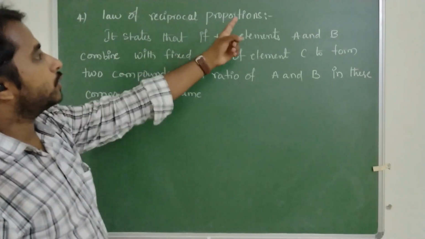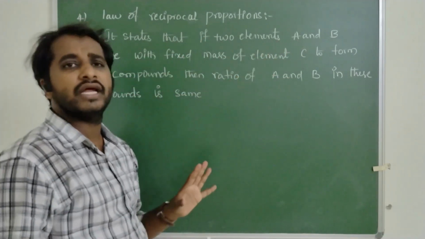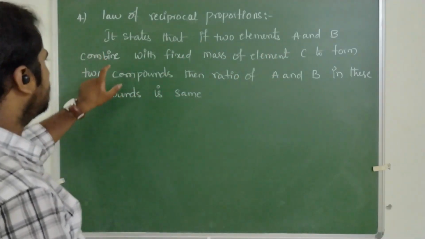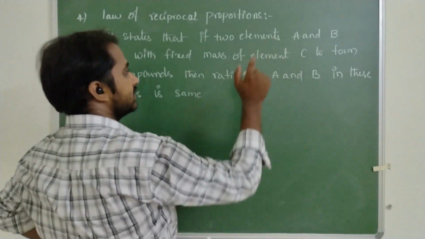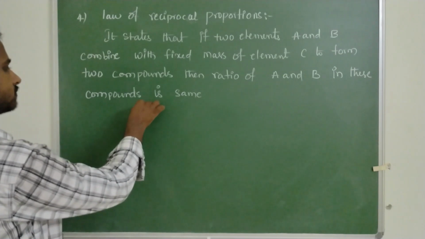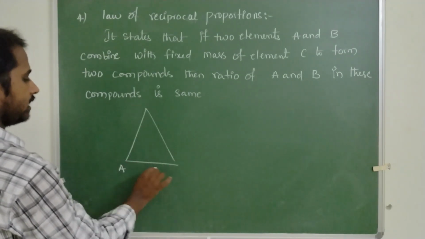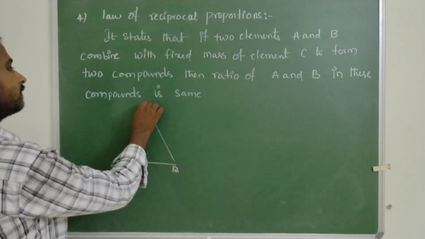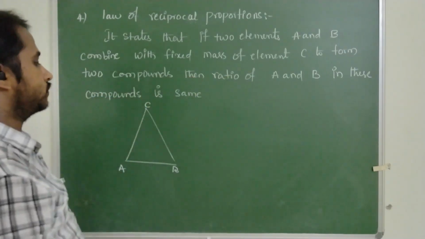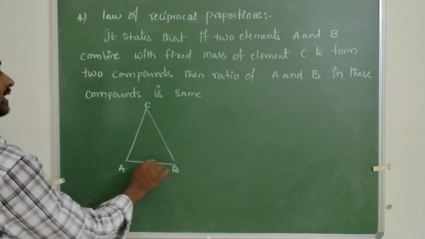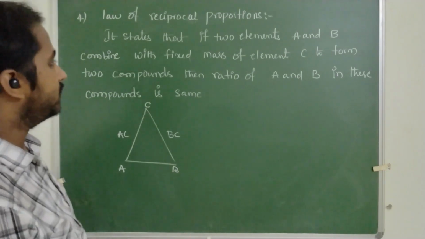Fourth, law of reciprocal proportions. It states that two elements A and B combine with a fixed mass of an element C to form two compounds, suppose AC and BC.